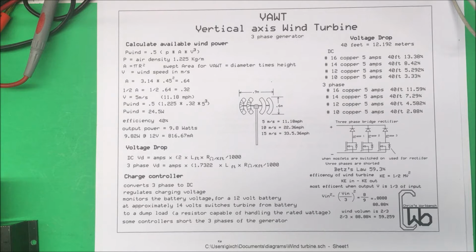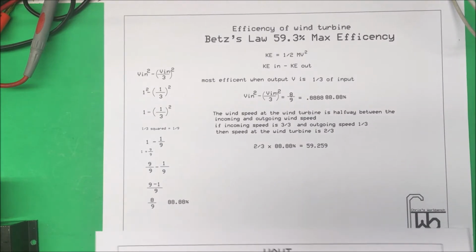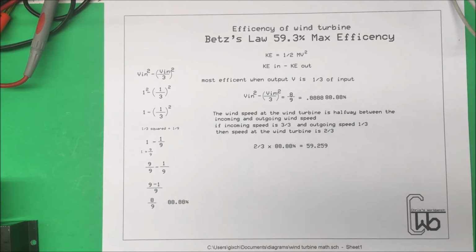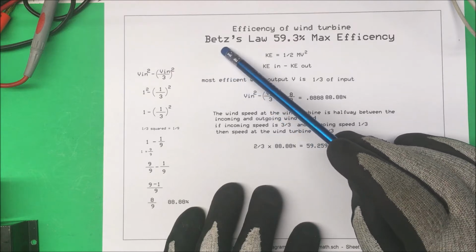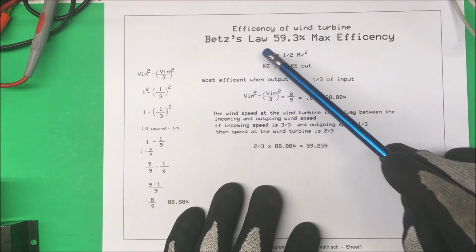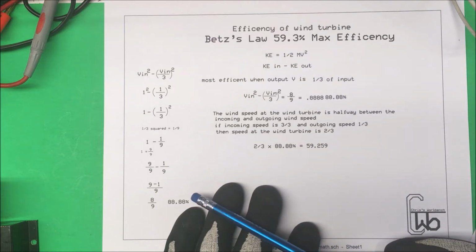Okay. Now, the maximum efficiency you can have from a wind turbine was developed by Betz, B-E-T-Z, and it's his law. It says that the maximum efficiency is 59.3%.